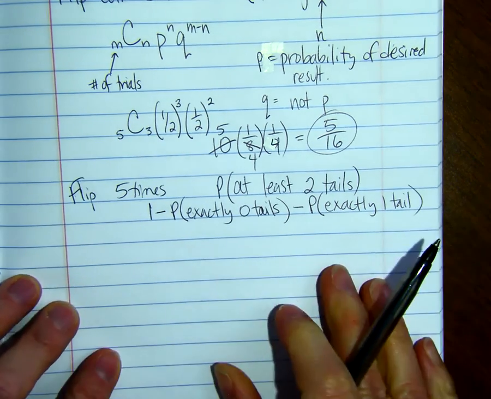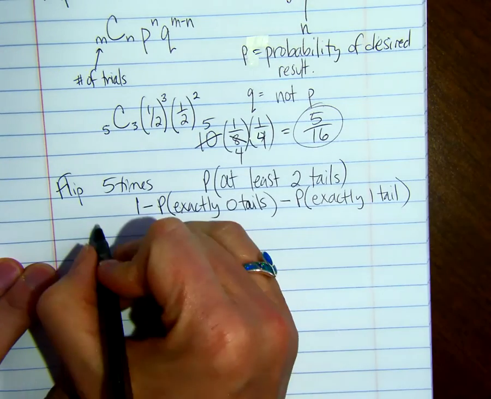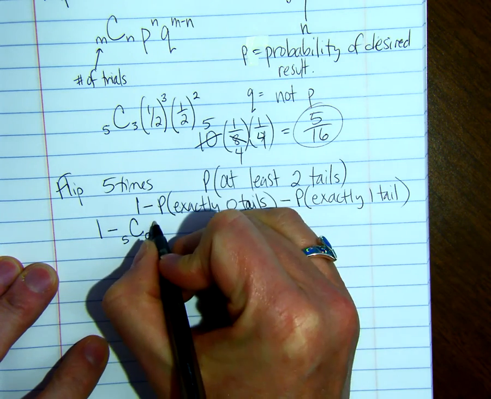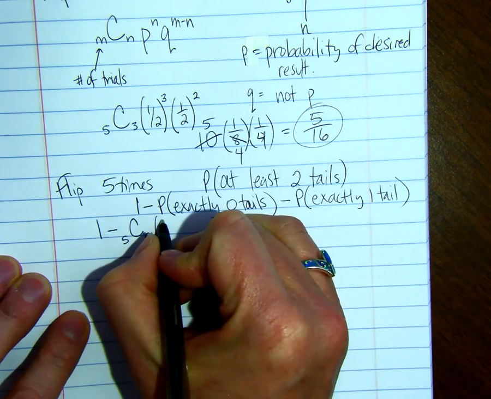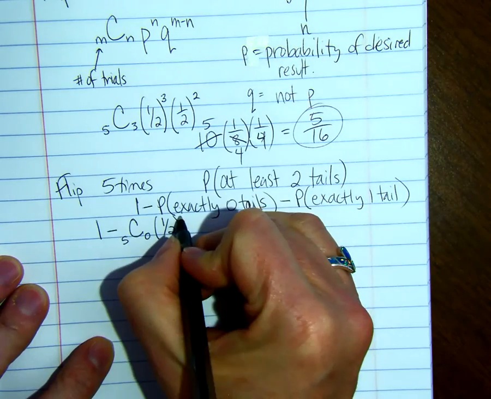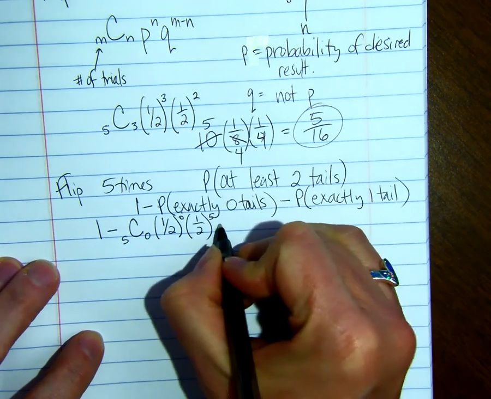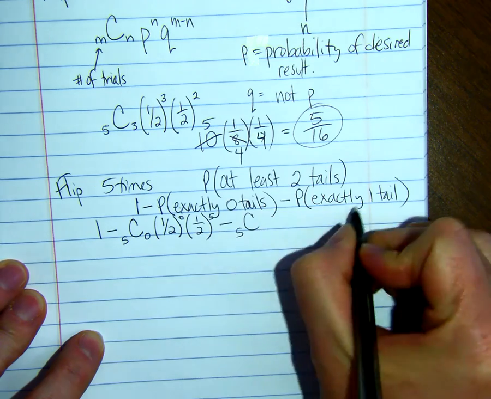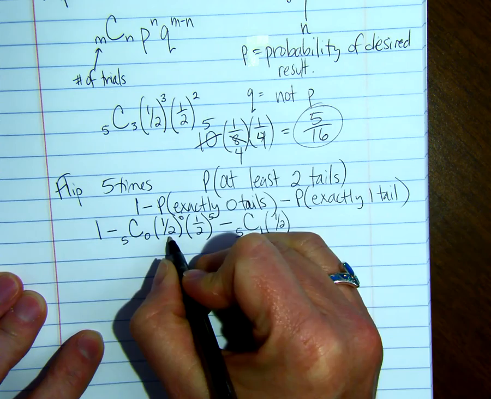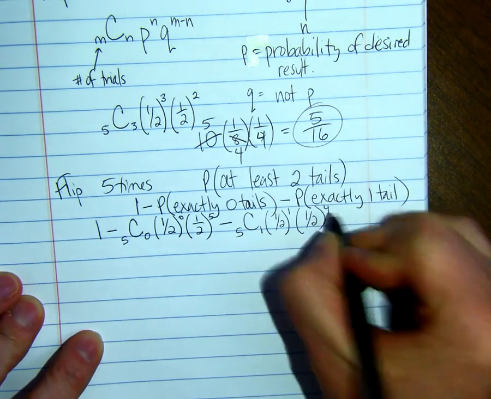And then what's left over is that you would get 2 or more tails. So you do 1 minus the combination of 5 choose 0, probability of getting tails is 1/2 raised to the 0 power times 1/2 raised to the 5 minus 0, or 5. Then minus the combination of 5 choose 1, of 1/2 to the n power, which is 1, times 1/2 to the 5 minus 1, or 4th.